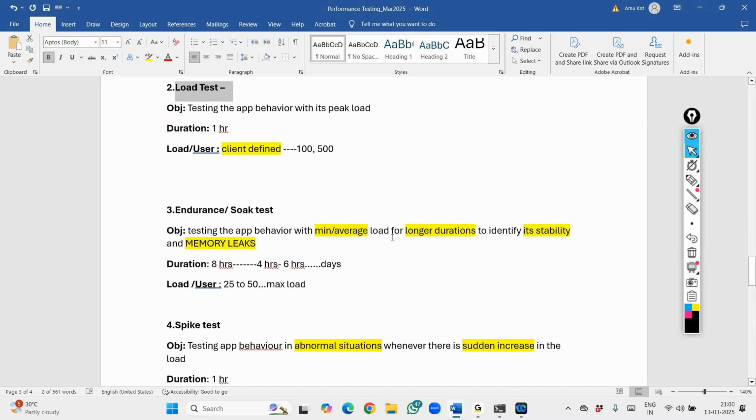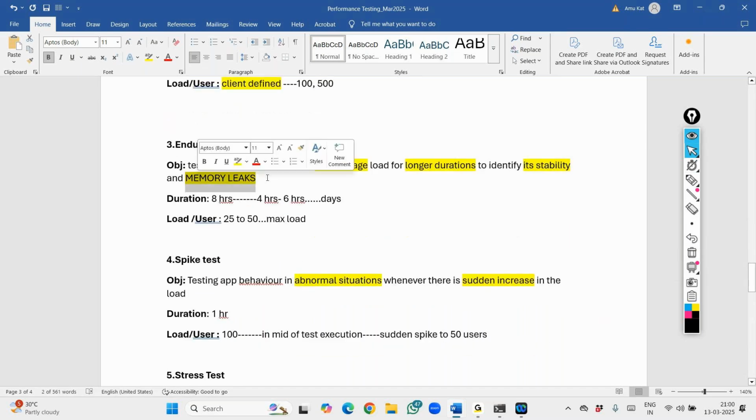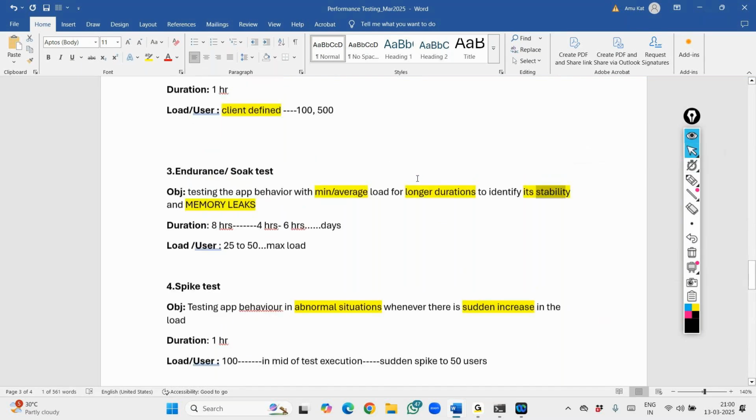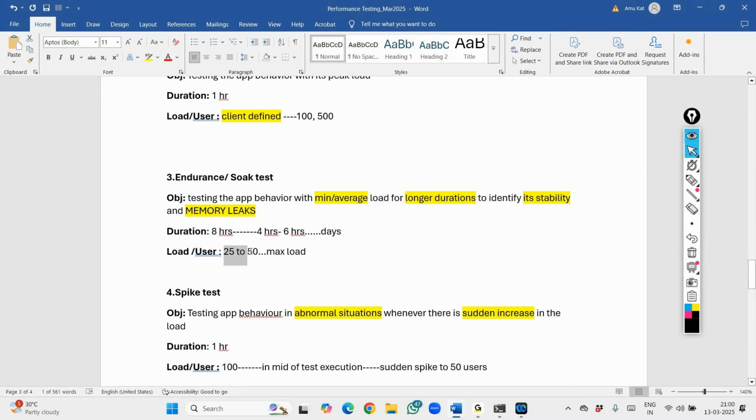If you want to identify memory leaks and stability, then definitely you will be using either minimal load or maximum load for a longer duration. That's why it is called endurance, meaning longer duration. The main objective is to identify the memory leaks.